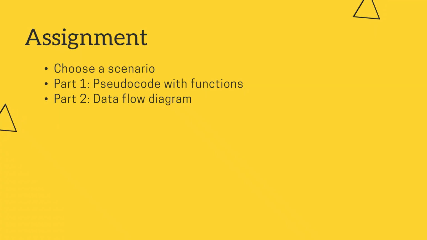The second part, part two, is you're going to create a simple data flow diagram. And again, like I said, you can keep it at level 0 to show how the information is going to move through your program. So you're going to draw out a diagram similar to what I showed you, that shows data flowing into your function as parameters and then flowing back out as a return value.